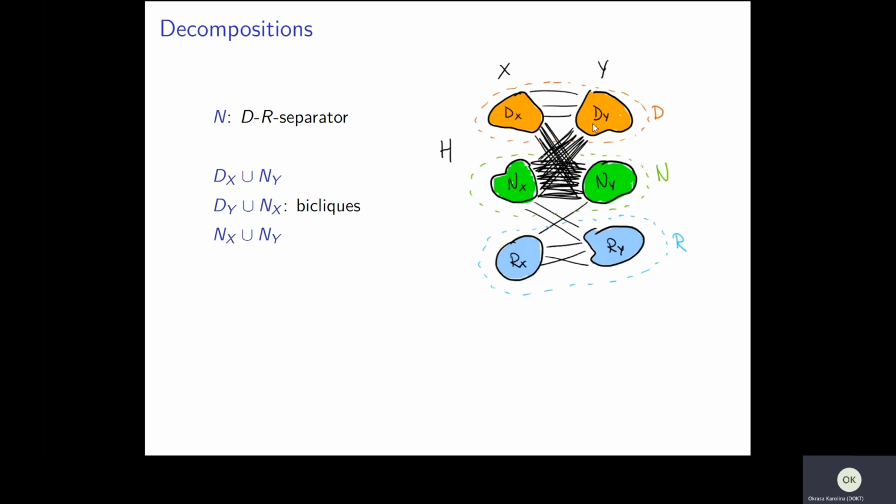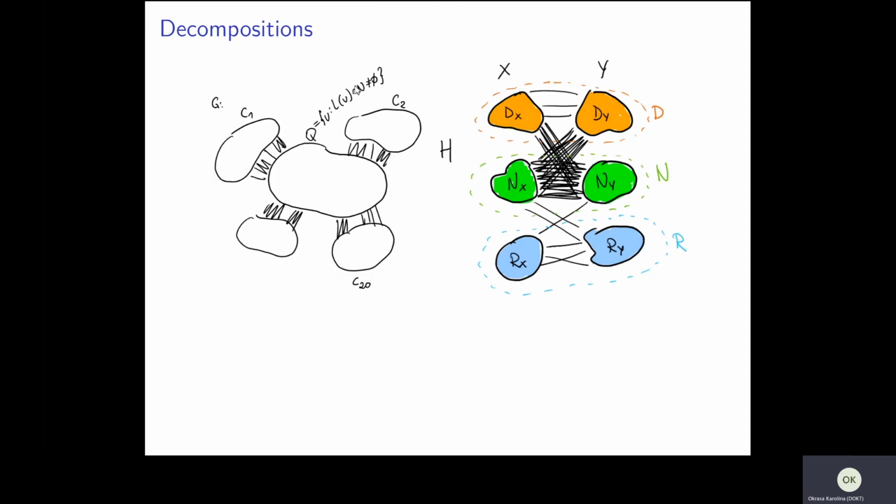Because it's bipartite, the vertices from the class Y are complete to the vertices from X intersect N, and symmetrically those vertices are complete to those ones. Yep, and now if we consider an instance G of our problem, we can just draw it like this.